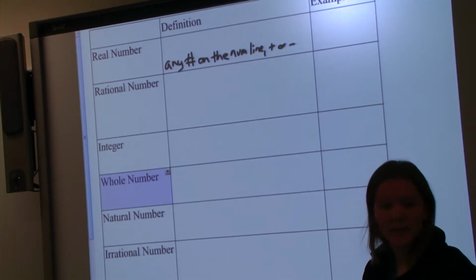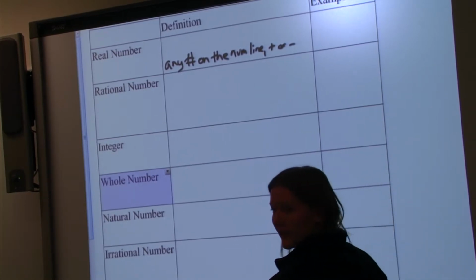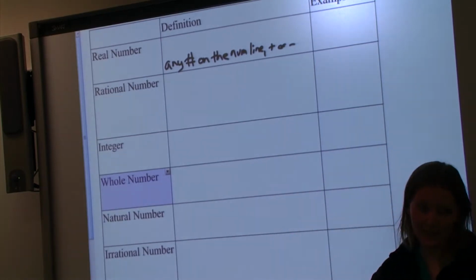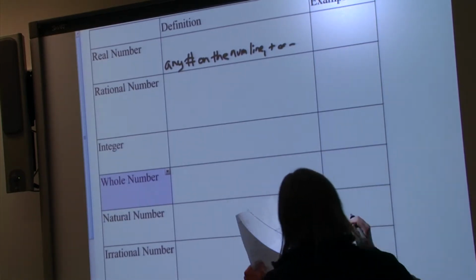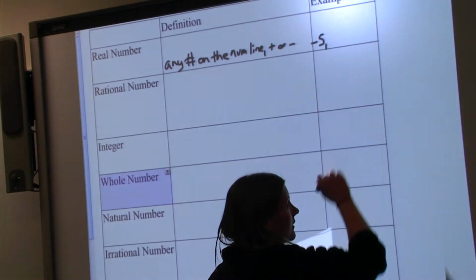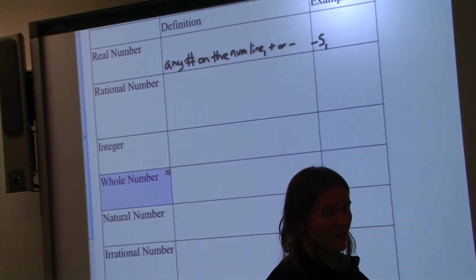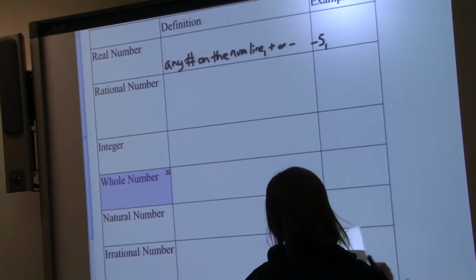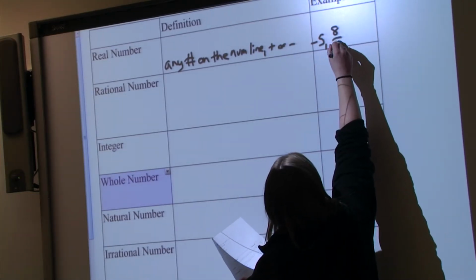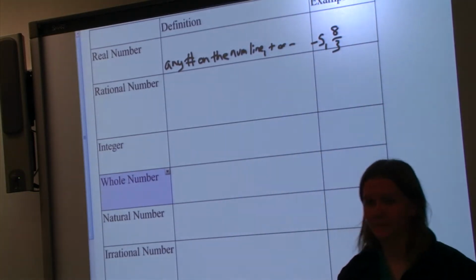What about pi? Pi is real. But is it on the number line though? It's a real number though. We'll get to that. So I put -5 and 8/3.